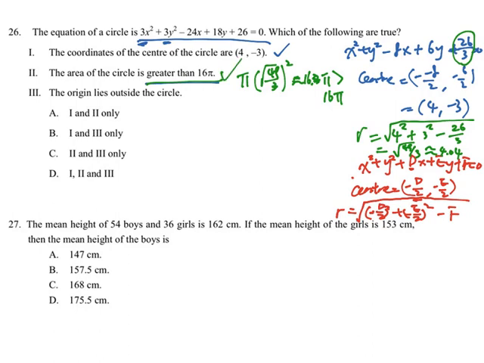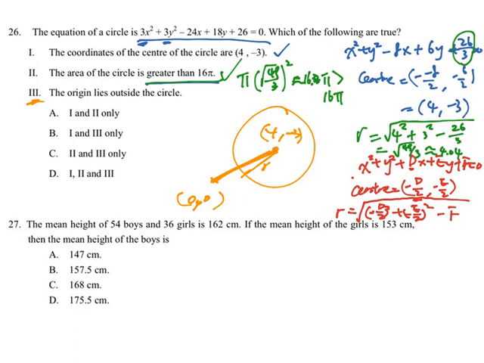So let me see statement 3 for the last one. The origin lies outside the circle. So we have a circle with center 4, negative 3. If the origin is outside, that means the distance between the origin and the center is greater than the radius. Right? So we need to check.